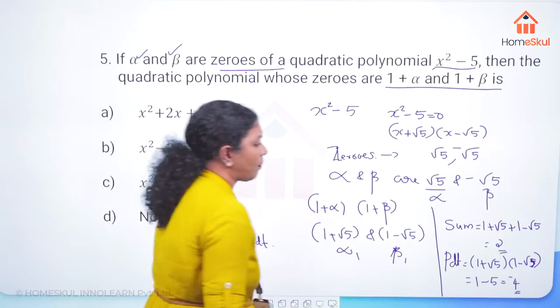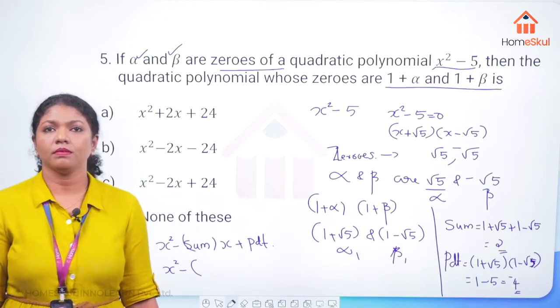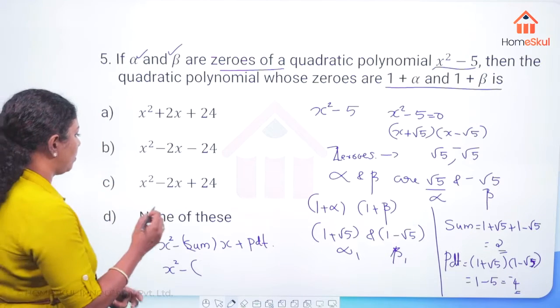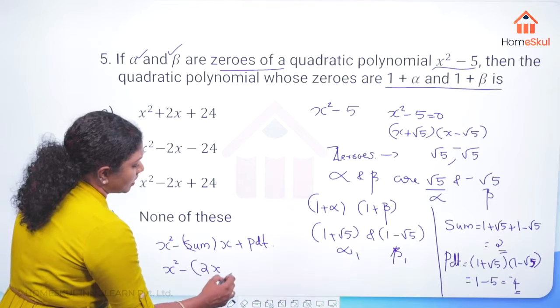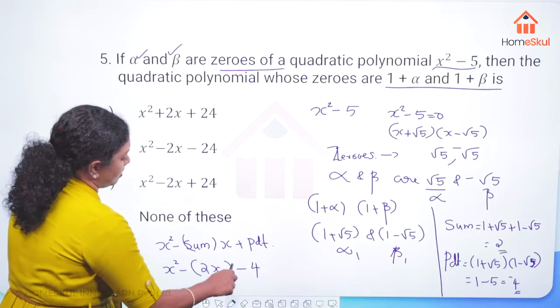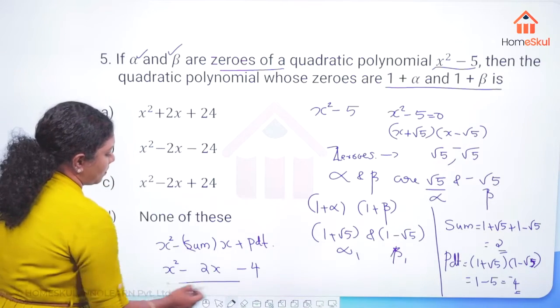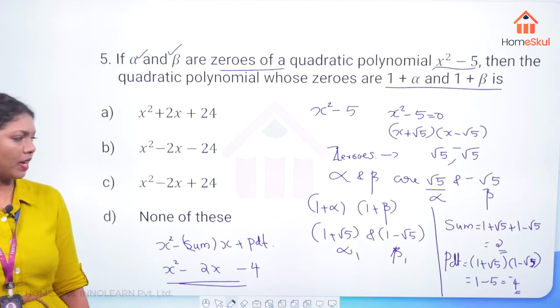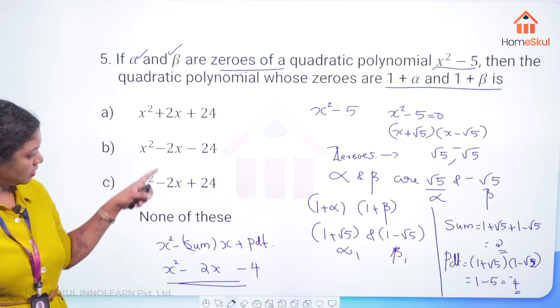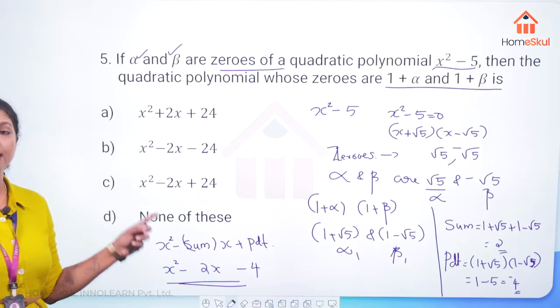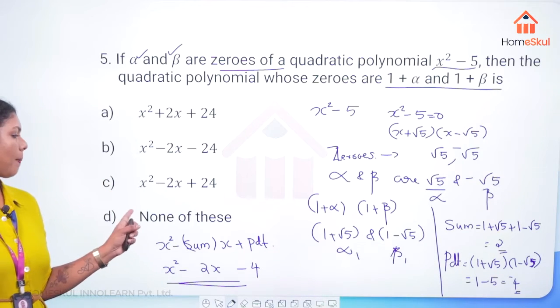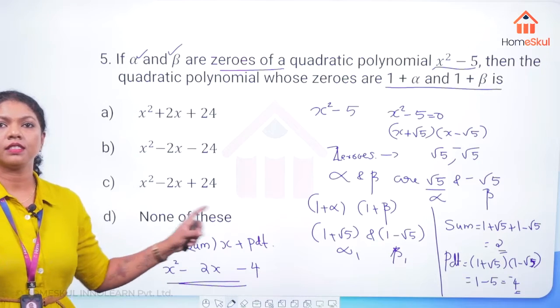Am I right? Now what could be the polynomial? X square minus sum, which is 2x, plus the product, which is minus 4. I got x square minus 2x minus 4. It's not given in the options. So what is the answer? None of these.